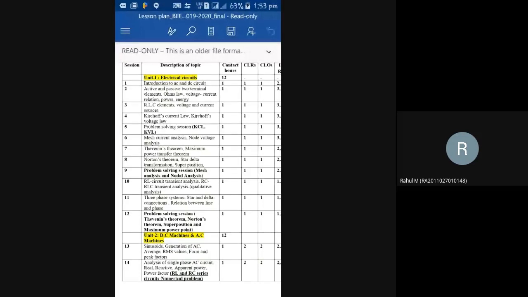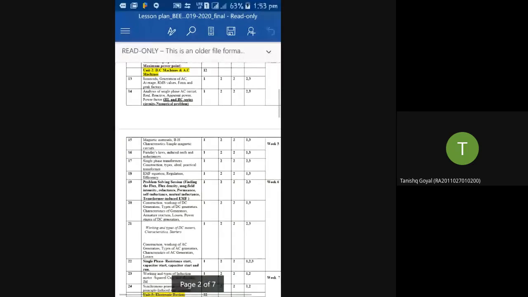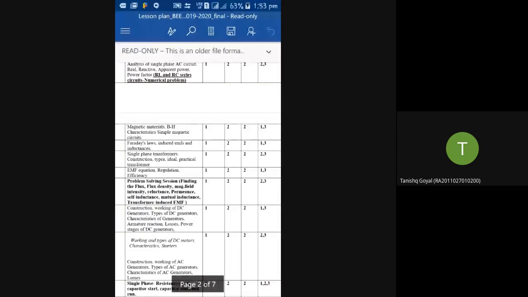But now you people understood what are the topics that are included in your syllabus on Unit 1? Second unit is not yet over. I think I have finished 13, 14. Next comes your magnetic part, then Faraday's induced EMF, transformer. So many things are there in the second unit. It's a long unit.